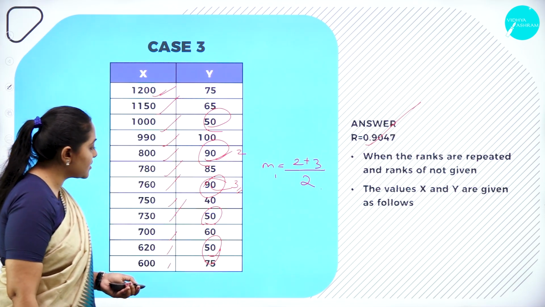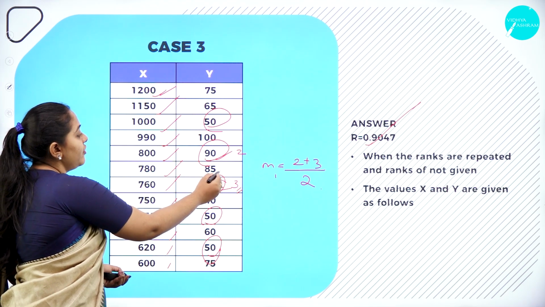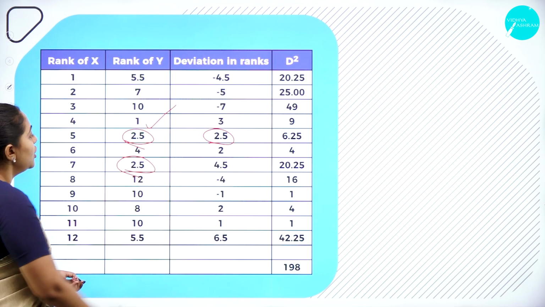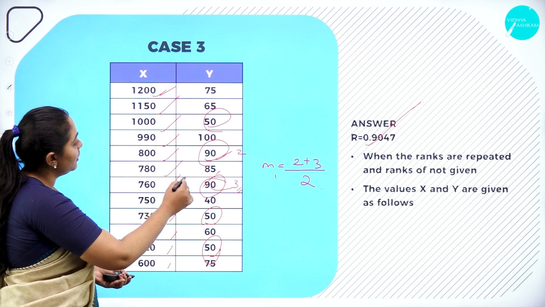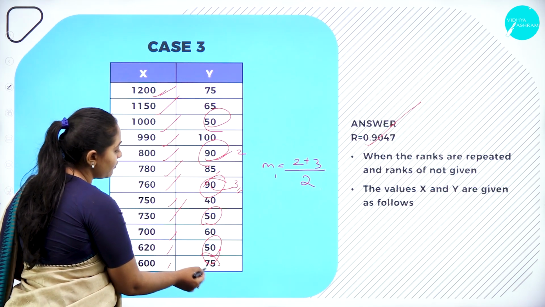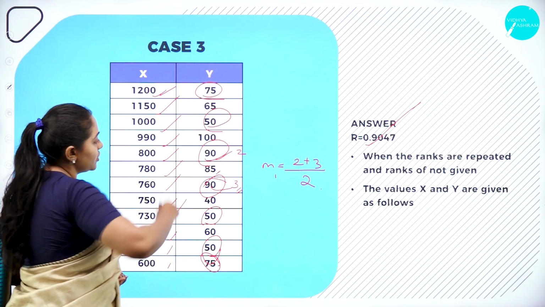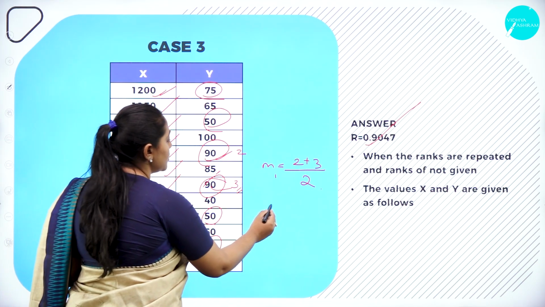What is the next highest number in the given set of data? 85. So 85 is the fourth rank. Next, after 85, we have 75. We have 75 also twice given in the question. So 75, how many times?